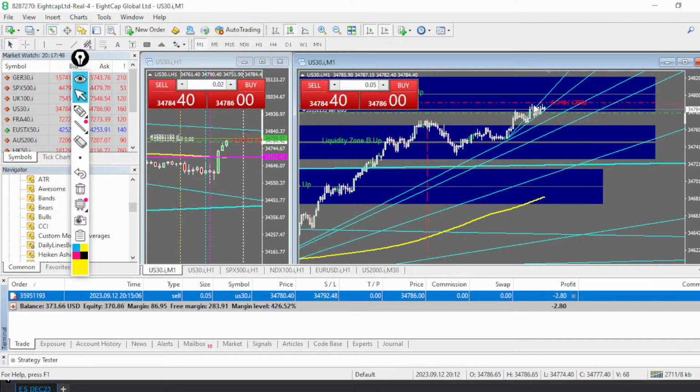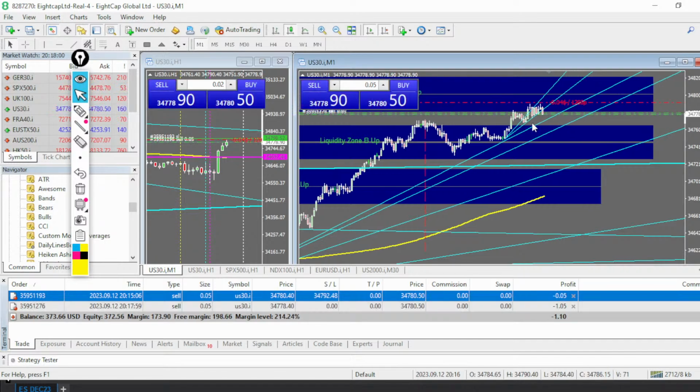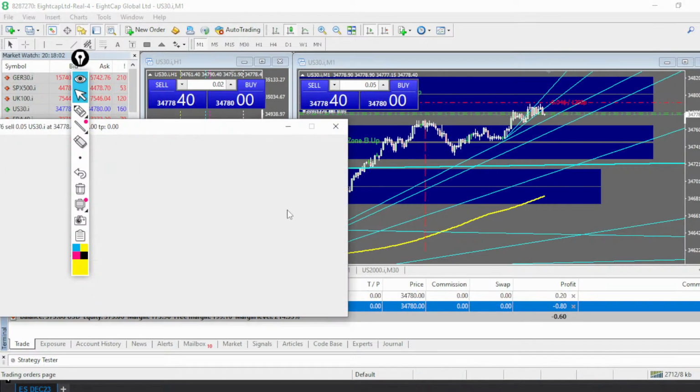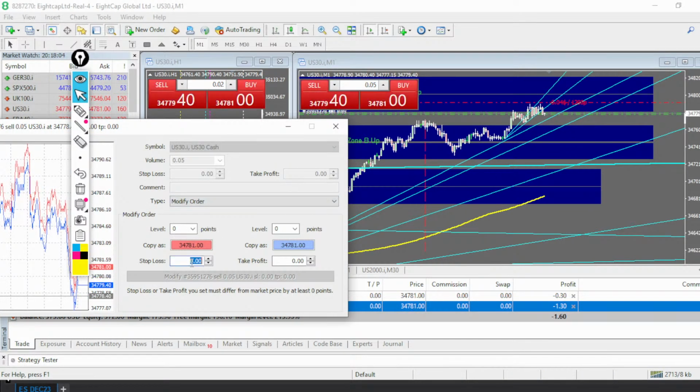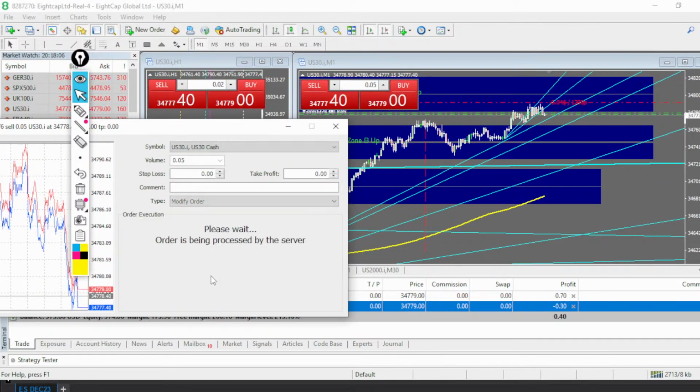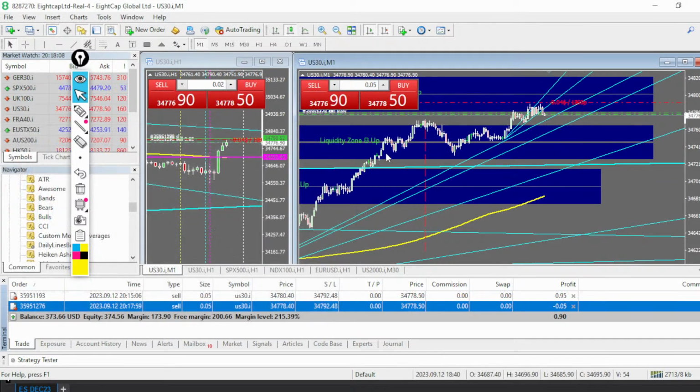Looks like another corrective formation for upside. We're getting another break. Sell that. Put my stop in.